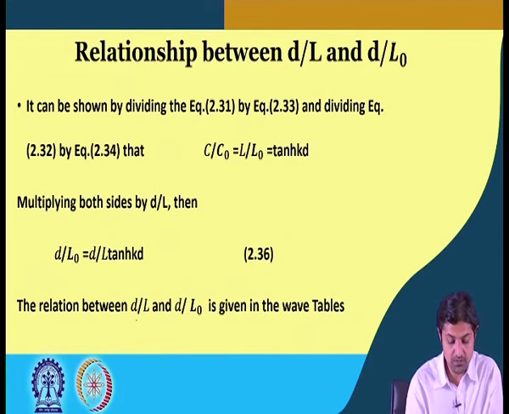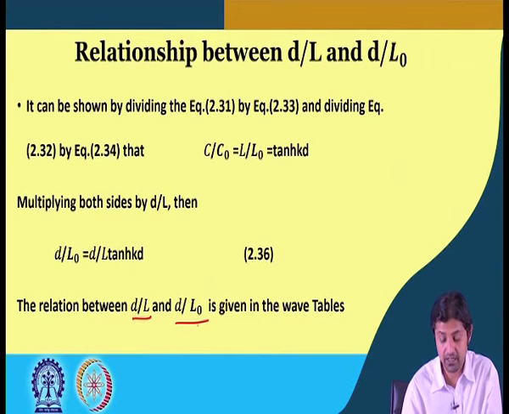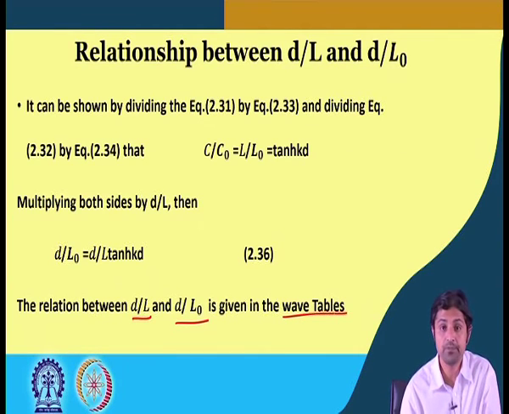Now, the relationship between d by L naught and d by L is given in wave tables also. So, if you want to calculate, there is something called wave tables, which I won't show you in this course, but if you need to solve, you can always use a trial and error method for solution of the dispersion relationship.